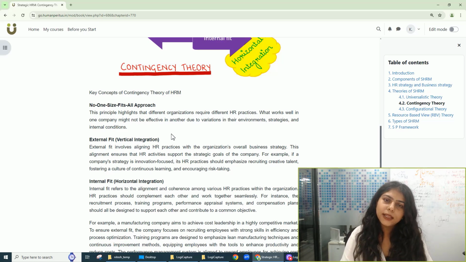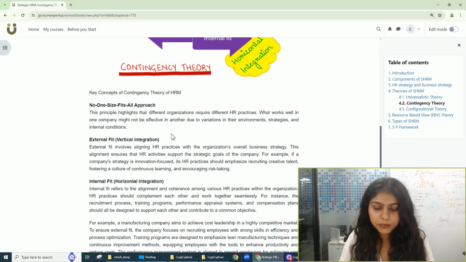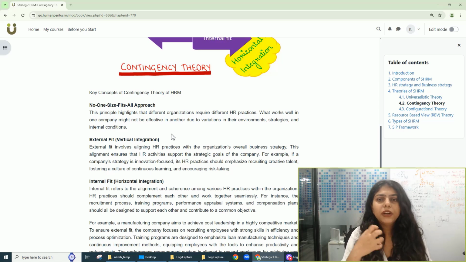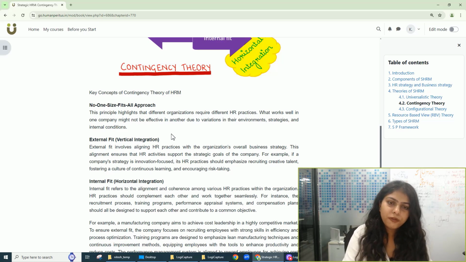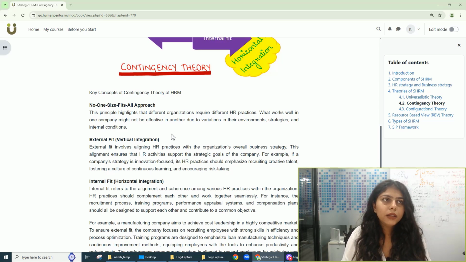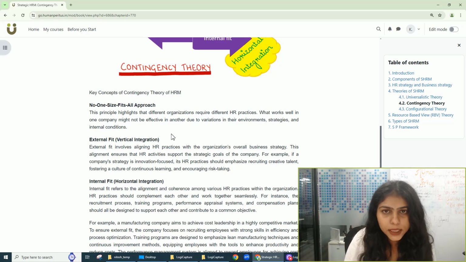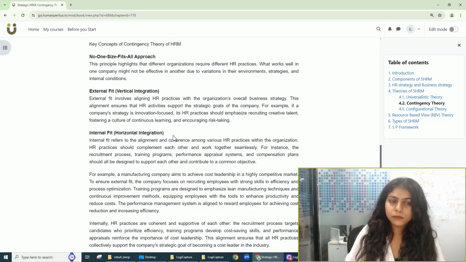Why does it say that there is not one practice suitable for every industry? Because there are different threats and different opportunities for different industries at different times. So there is no one solution that would fit all of the problems and tackle all the threats that come toward a company.